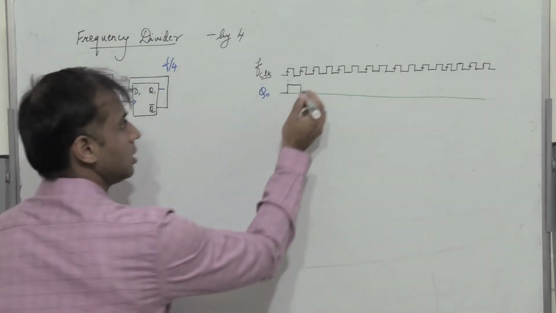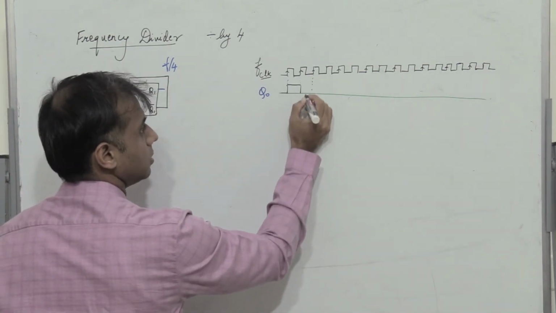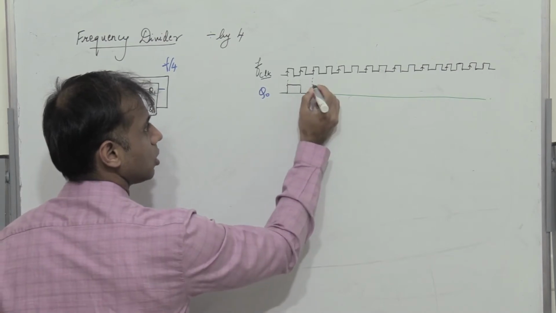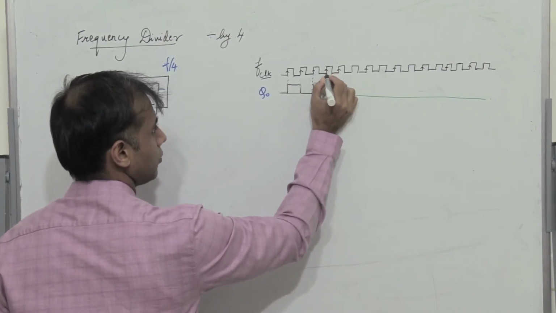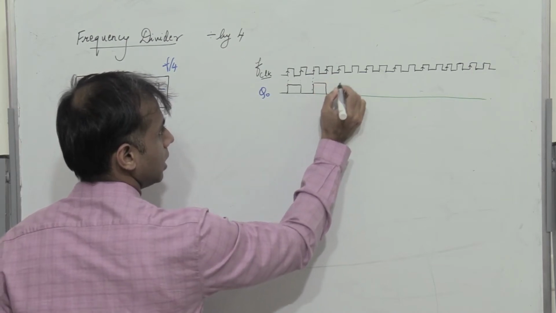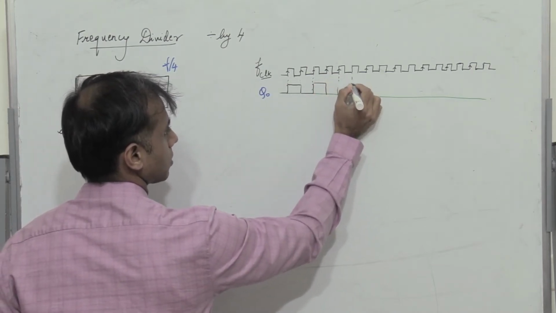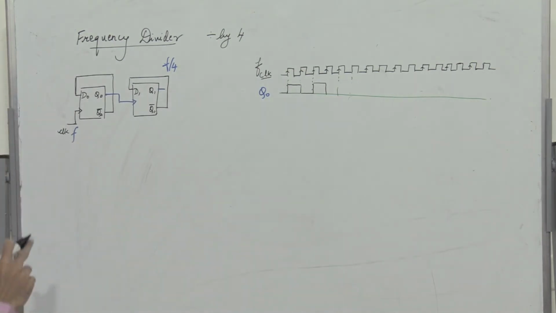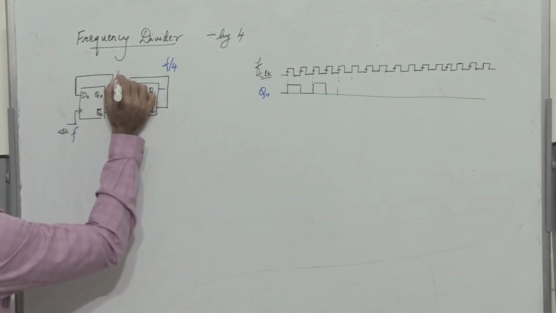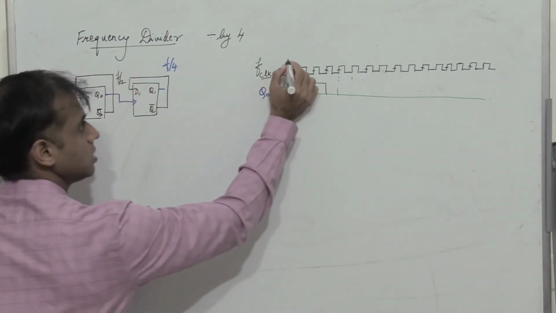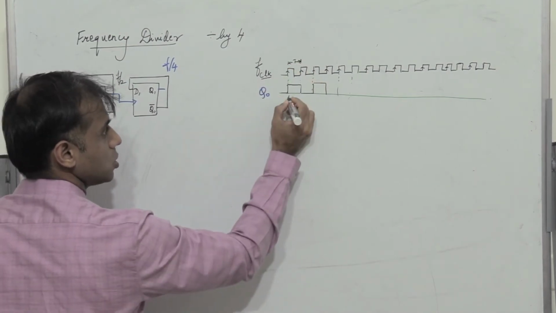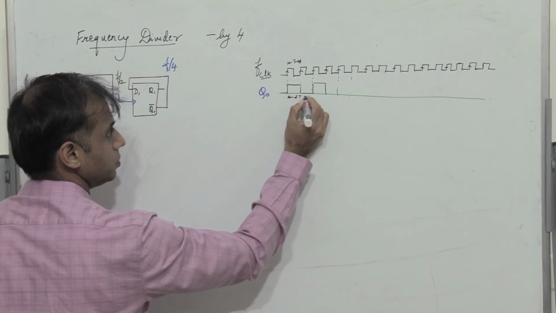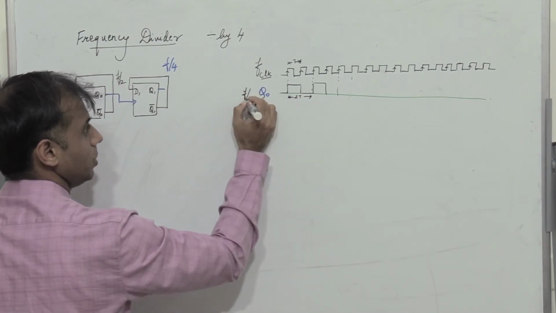So similarly at the next positive edge, I have again Q0 changing from 0 to 1 and then again from 1 to 0 and so on. So what I get here at Q0 is f by 2. So we find that if this is t, right? So this is 2t. So therefore it's going to be f by 2.